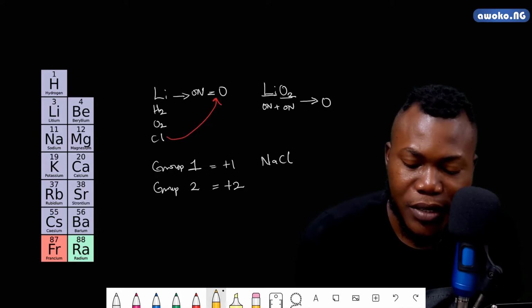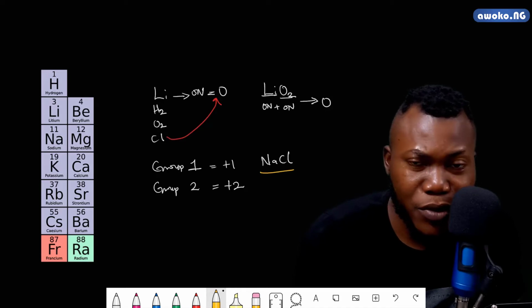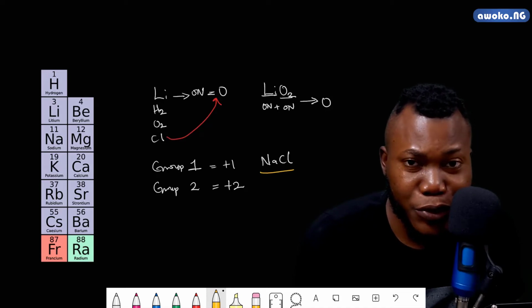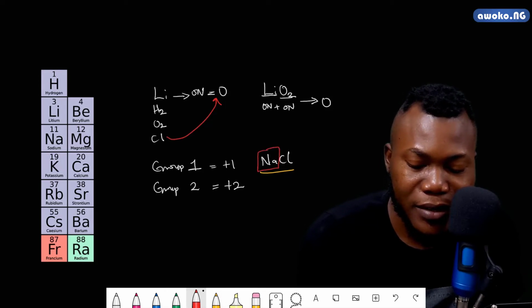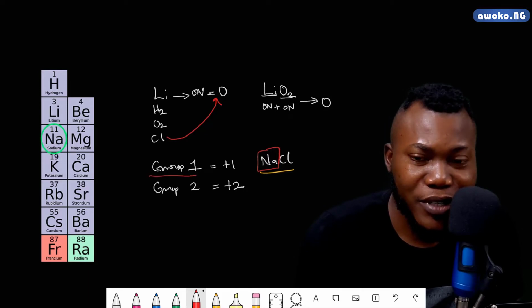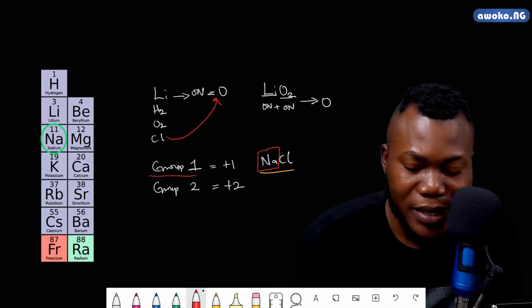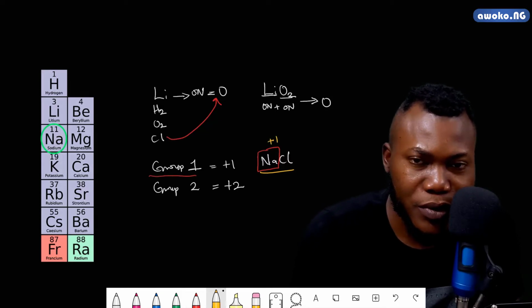So for example, if we consider sodium chloride, this is a simple ionic compound. If I want to determine the oxidation state or the oxidation number of sodium in NaCl, because sodium is located in group 1 in the periodic table, then automatically its oxidation number is going to be +1.